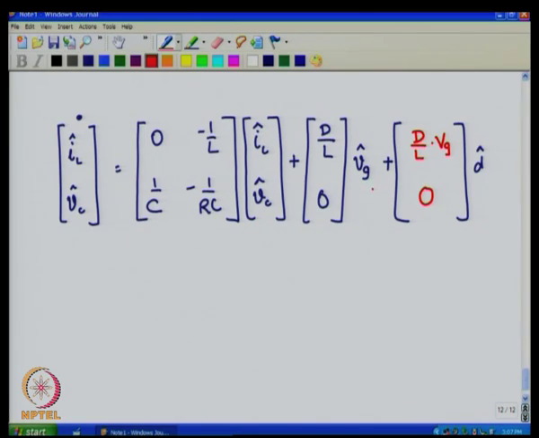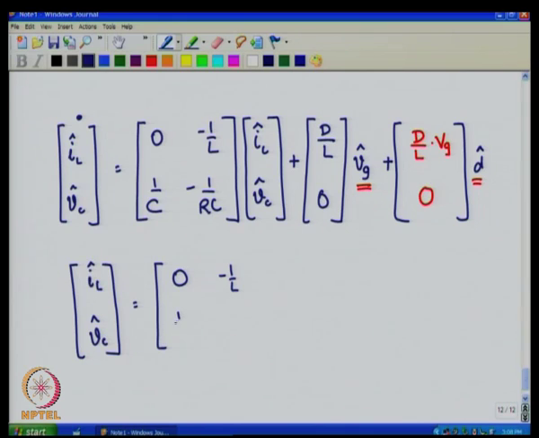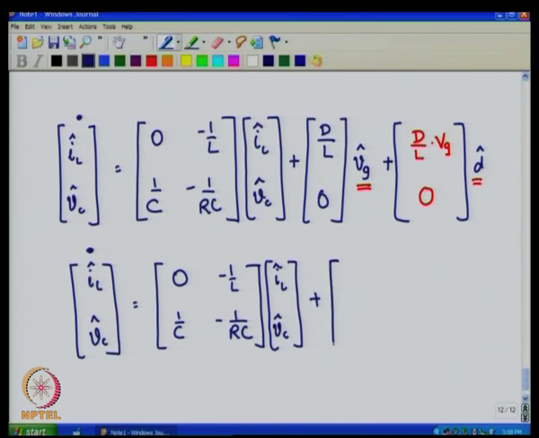In some cases this and this are considered together as an input vector, and it can be rewritten in the following manner. [i_L hat, v_C hat] derivative, I am putting a common derivative mark for both the variables together, equals A times [i_L hat, v_C hat], plus now we have a B matrix and input.